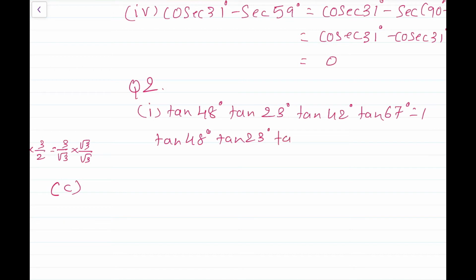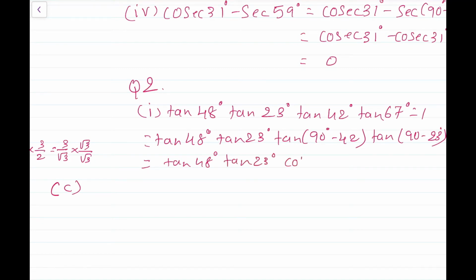In place of tan 42 we are taking tan (90 minus 42) because 42 and 48 are complementary. Same way we take tan (90 minus 67) degrees or 23 degrees. So we get cot 48 degrees and cot 23 degrees.